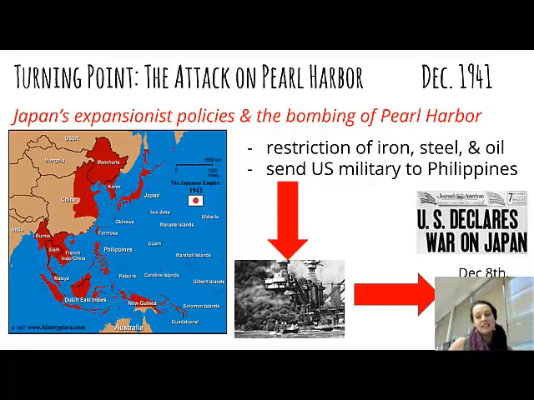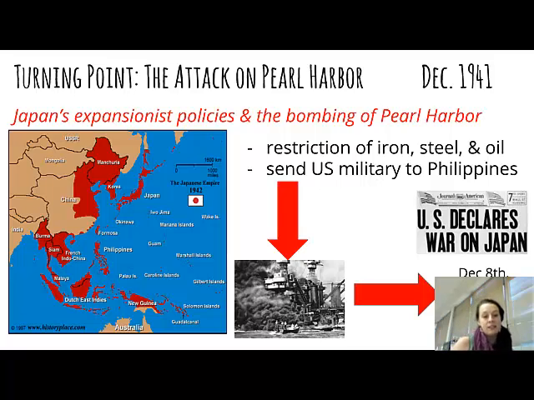So the United States began restricting iron, steel, and oil from the Japanese. Those are really important products that you need to fight a war. And the United States thought this could be kind of a gentle way to not actually start a war and go send troops to fight in Japan, but to support the Allied cause. We'll cut off supply lines to Japan and they won't be as successful.